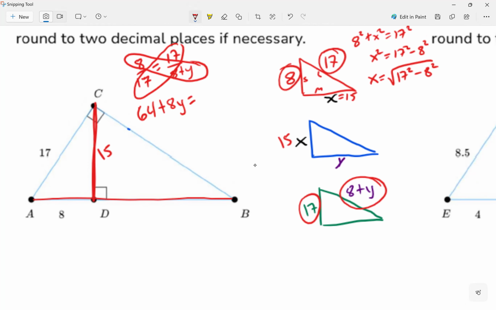I know 17 times 17 is 289. Let me subtract the 64. So that gives me that 8y is equal to 289 minus 64, which is 225. Let me divide that by 8.